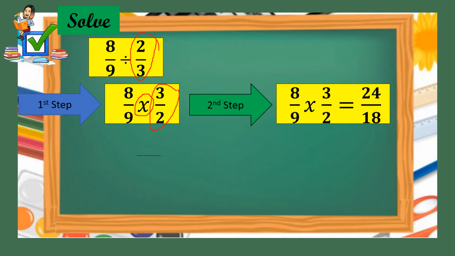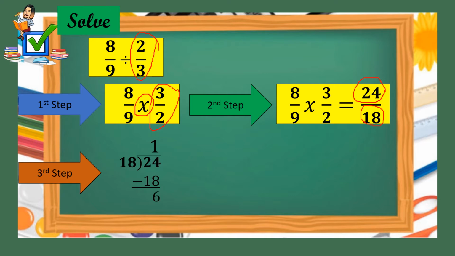24/18. Since it is an improper fraction, 24, the numerator, is greater than 18, the denominator. So how do we change an improper fraction into a mixed number? Our third step: divide 24 and 18. 24 divided by 18 equals 1. 1 times 18 equals 18. 24 minus 18 equals 6.